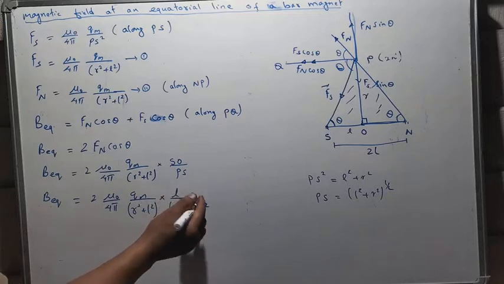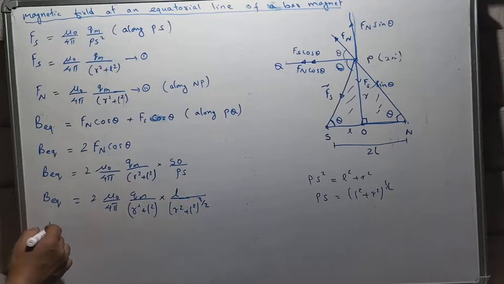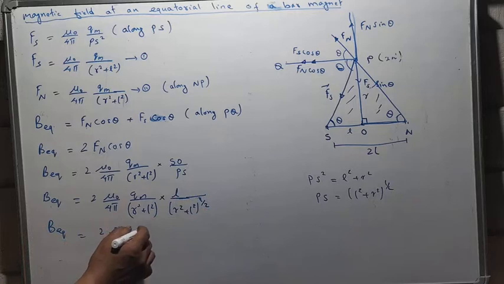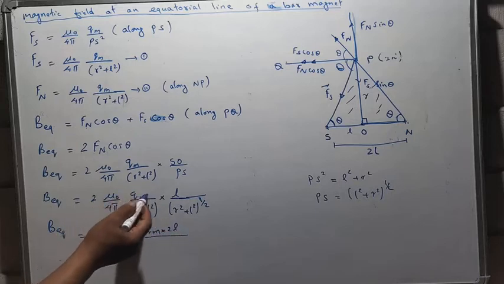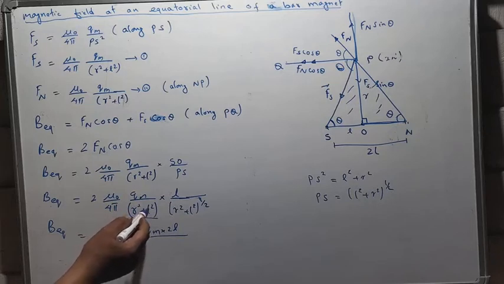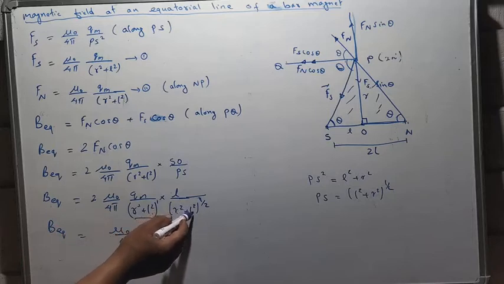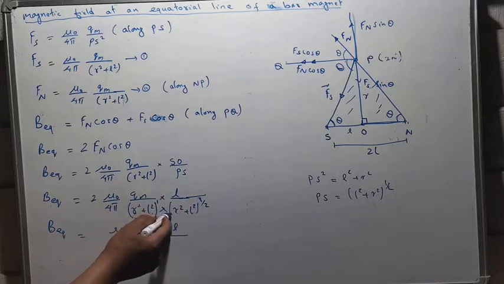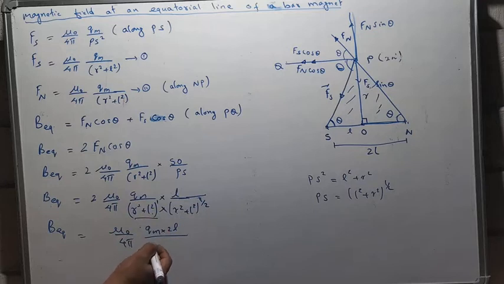Now this denominator, this is factor 2, I'll write here. Now this 2 I have shifted, I multiply with L, it's the same thing only. Now look at the denominator, we have R square plus L square, the power is 1. This is R square plus L square, the power is half. So when you multiply the two, the powers should be added. So you'll get R square plus L square to the power 3 by 2.